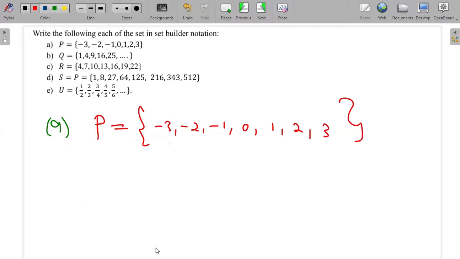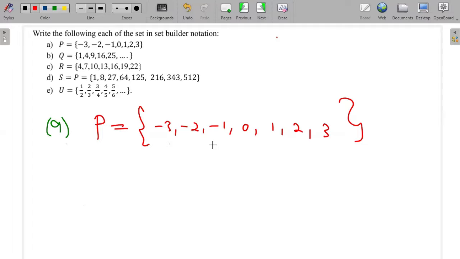I saw Mr. Jasper raising his hand. Okay, so what she said was true. She said these are integers, right? So these are integers, yes.